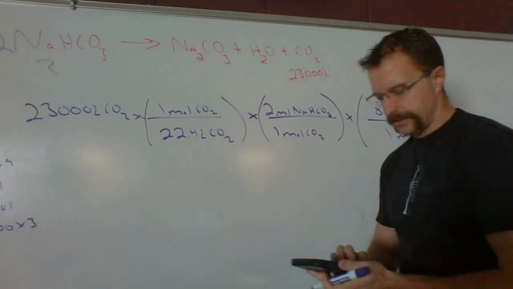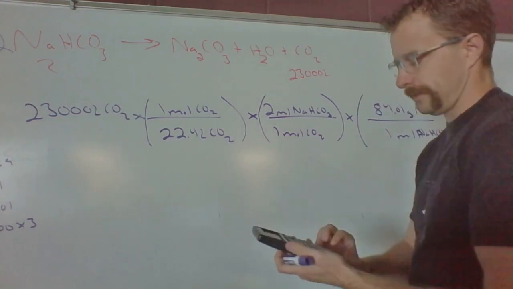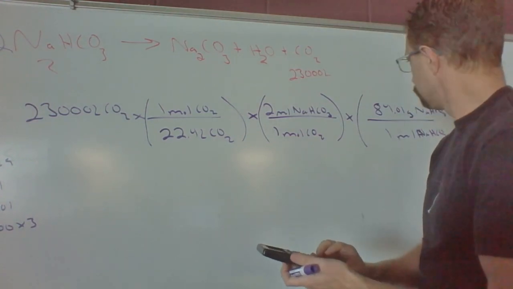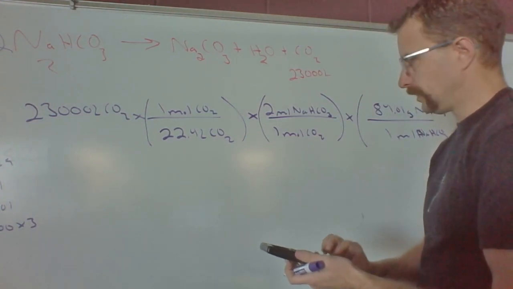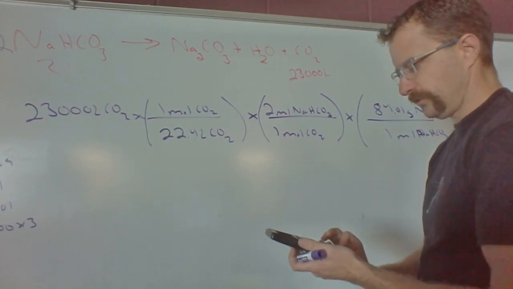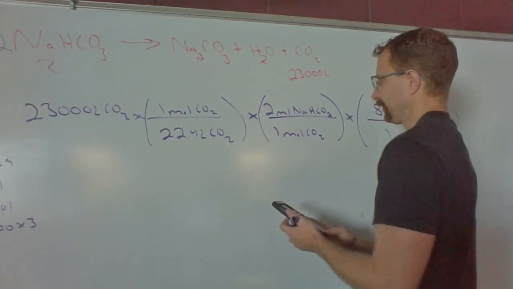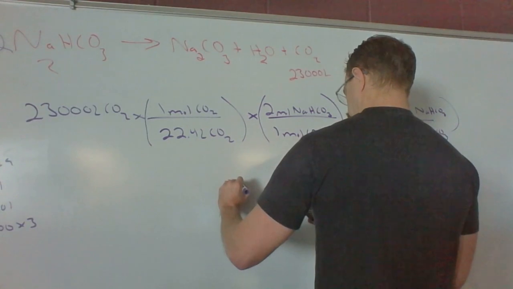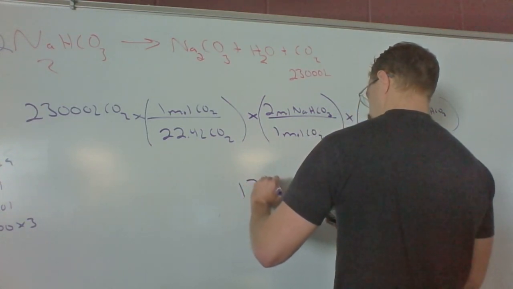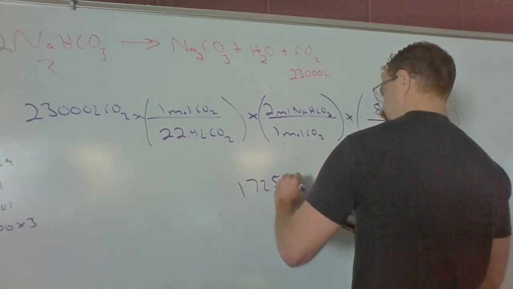So 2,300. Then we just multiply by the top, divide by the bottom. 2,300 times 2 times 84.01 divided by 22.4 is going to be, oh, that's a lot. They're going to need a lot of baking soda. 172,520.